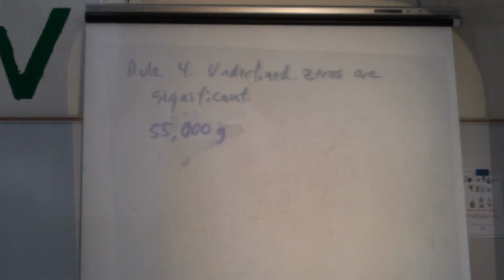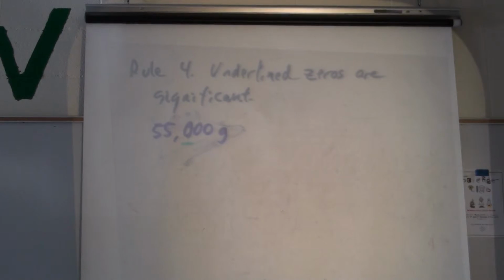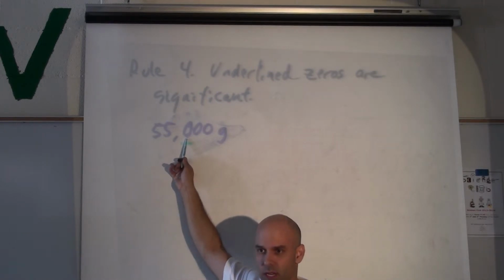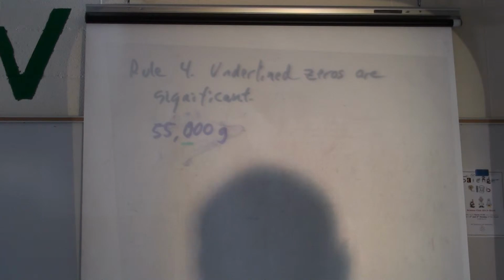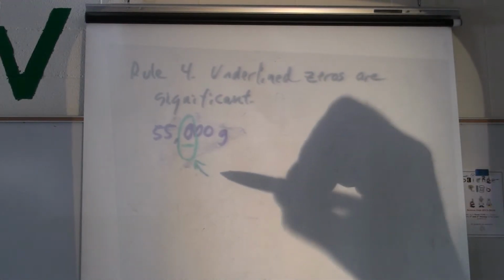If there is an underline, that underline, Victoria, tells me that that is my guess. The underline tells you that's the guess. So that means that 0 is my guess.